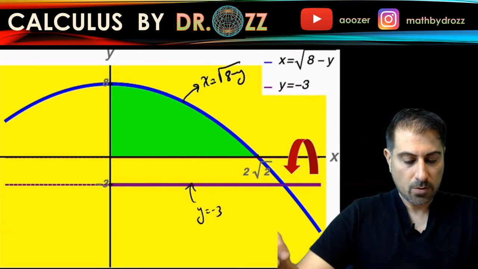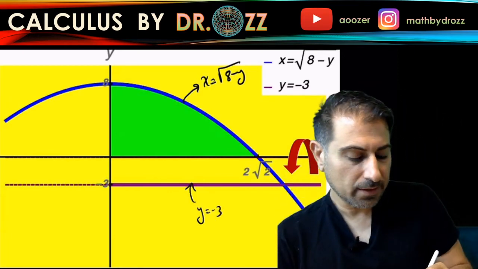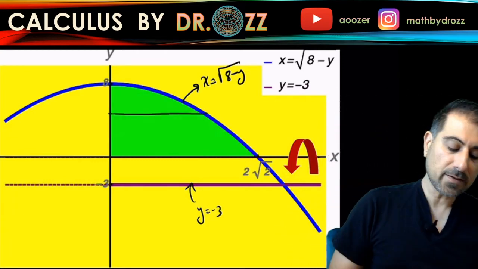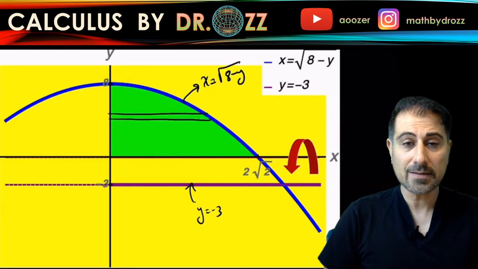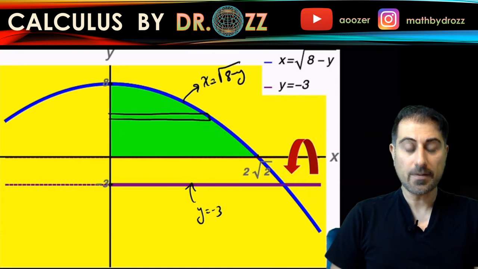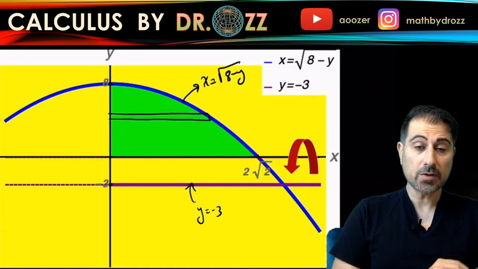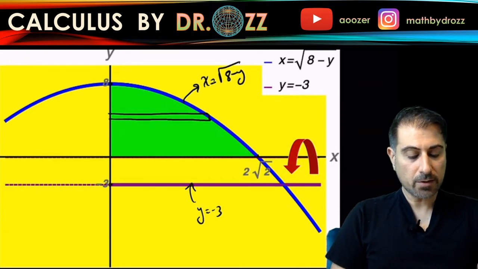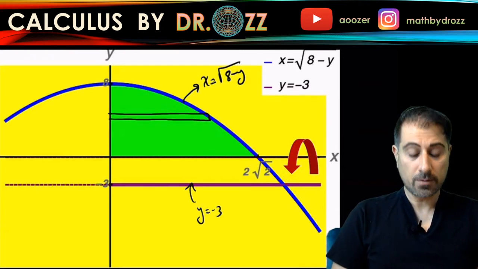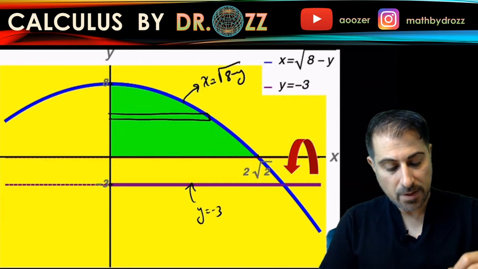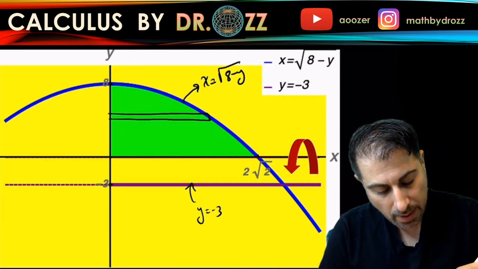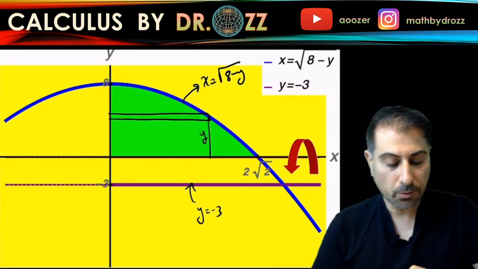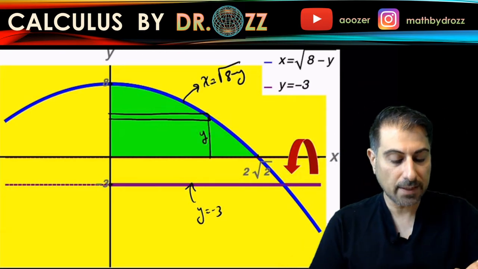So this looks to me like we were taking a slice, assuming the axis of revolution is a horizontal line, y equals -3, not the x-axis. So I'm going to label this as y, the distance from the slice to the x-axis.